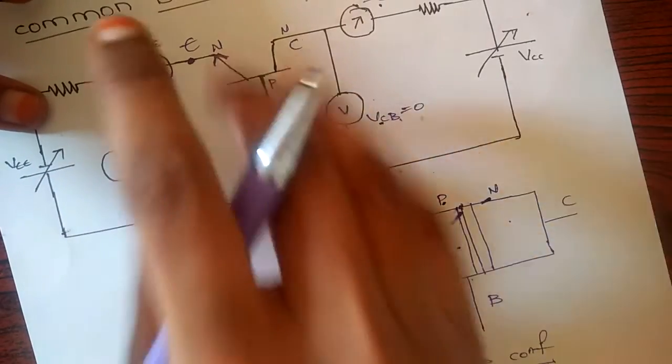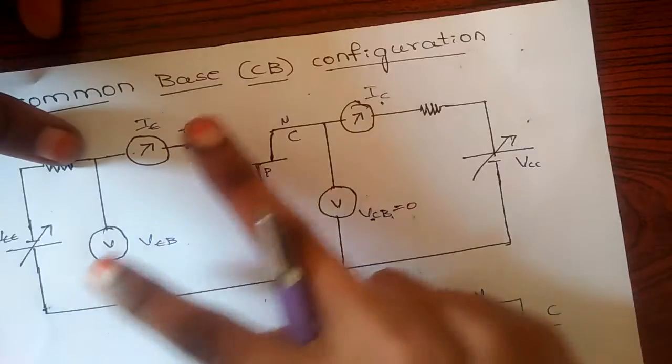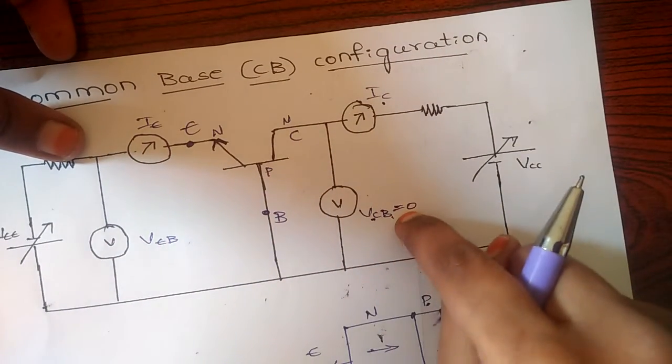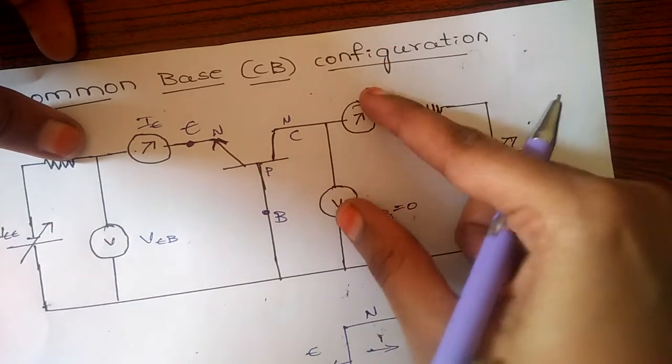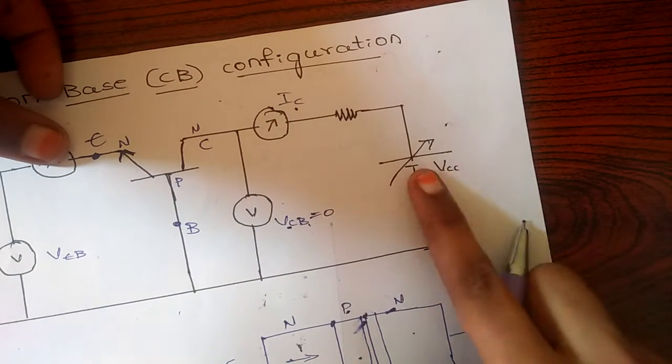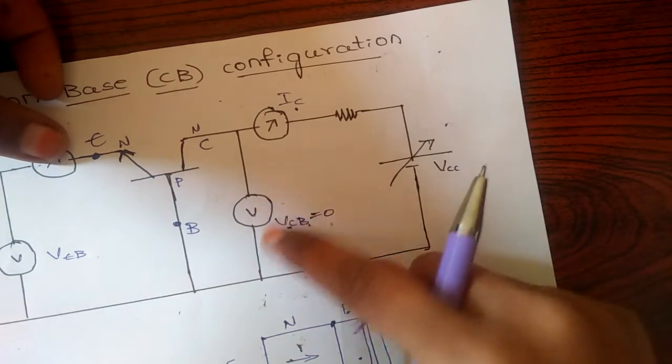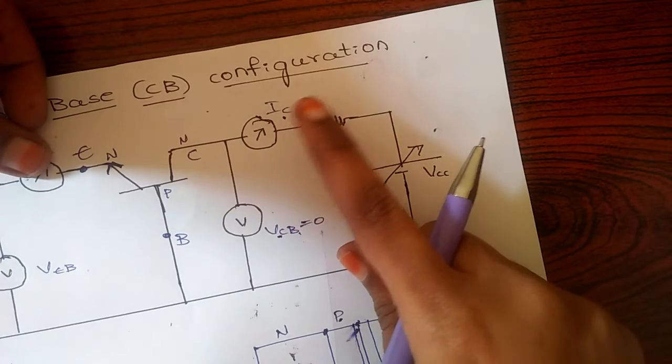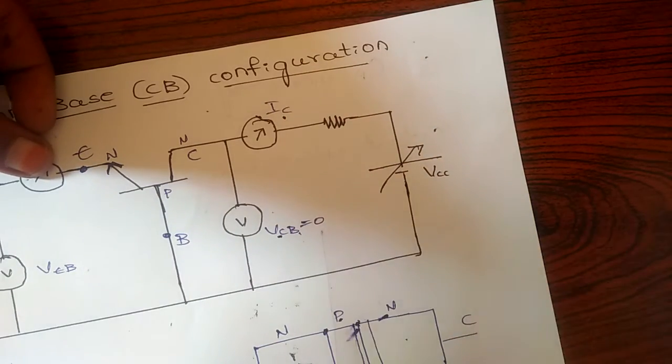Here we take IE as common. Before, we took VCB and made it constant, and now we take IE and make it constant. By changing this VCC in steps, we note the changing values of IC and VCB.